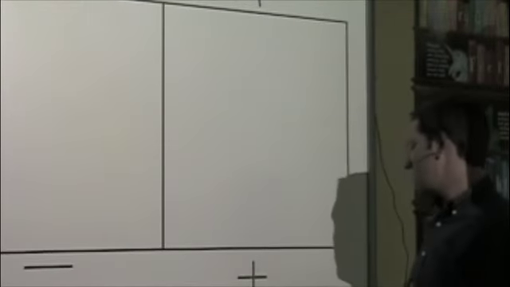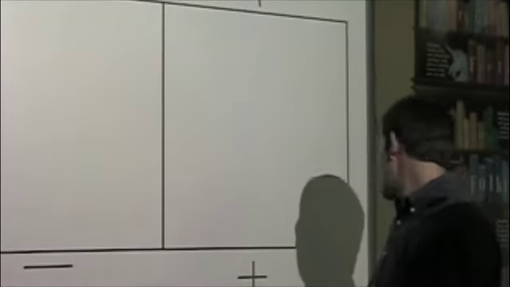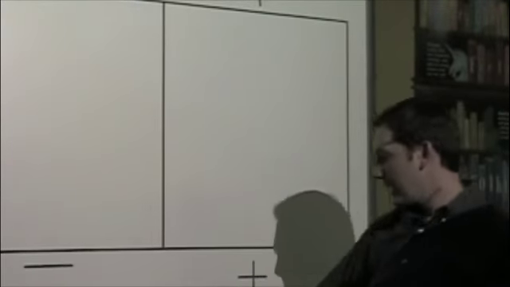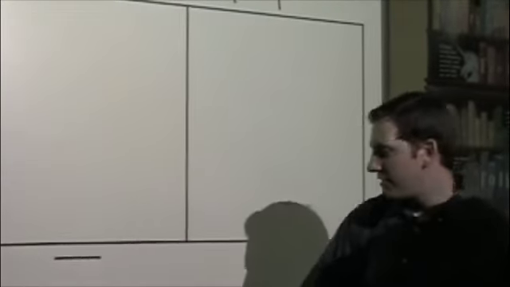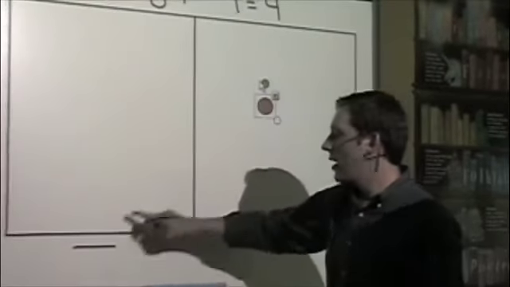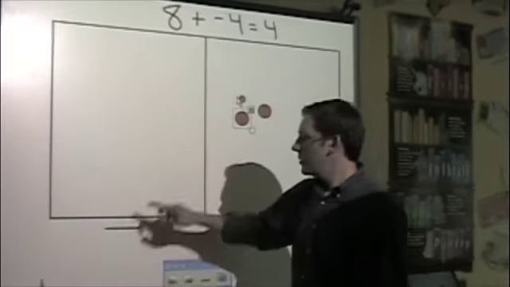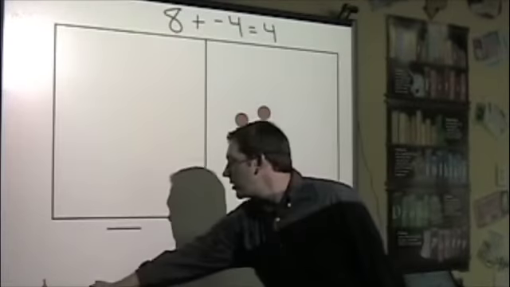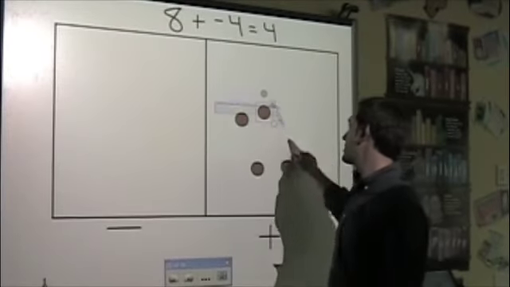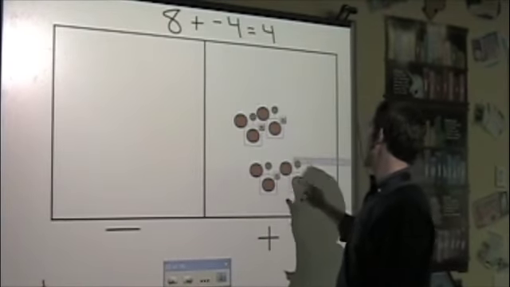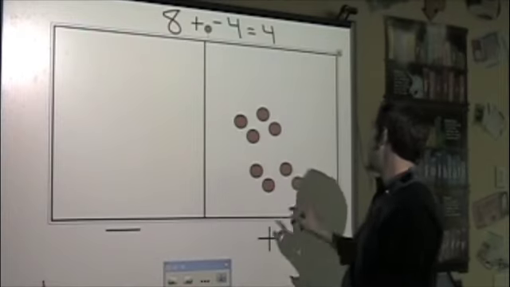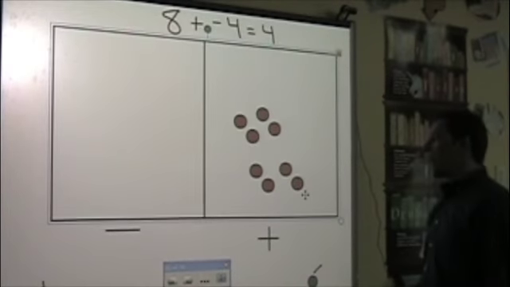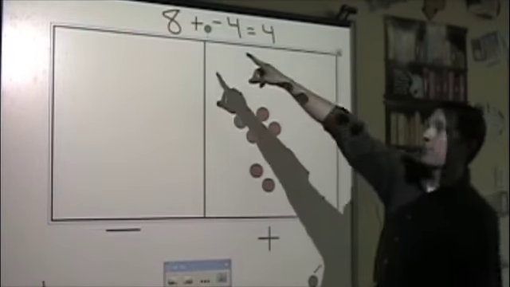So here's my 8 positives. We'll call positive the red one, and we'll call negatives the blue one. I might be standing in the way of the blue one. Again, this has been infinitely cloned, so I can drag over 1, 2, 3, 4. Now watch this. Instead of doing 4 more, I'll just clone these, and look at that. Now I've got 8 red positive ones representing my positive 8.